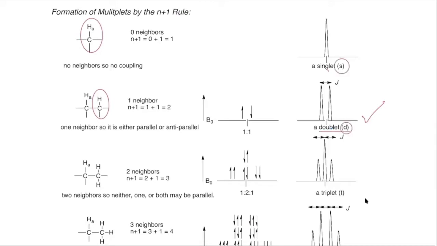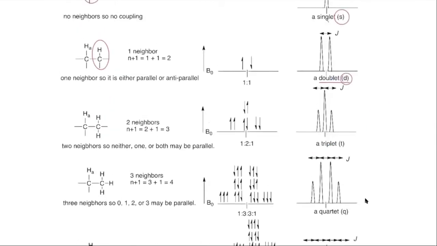Okay. What if I have 2 neighbors? Each of them is going to spin up and spin down. Then it's going to cancel the extra B1 that each proton applies to my HA. In this case, my peak still remains in the original position where I'd expect it to be if it were alone, but the integration is going to change. It's the probability.